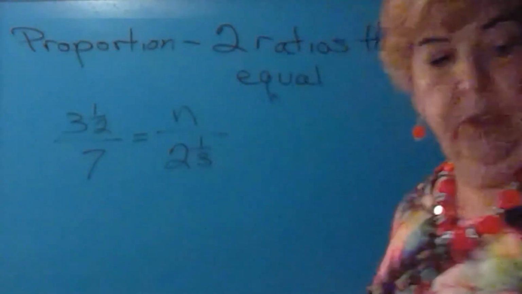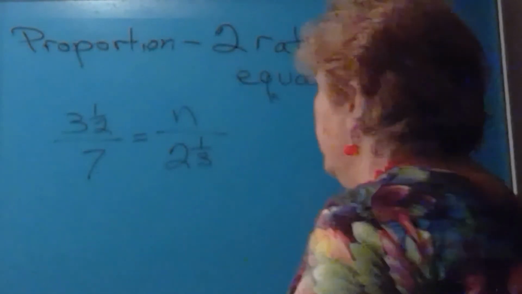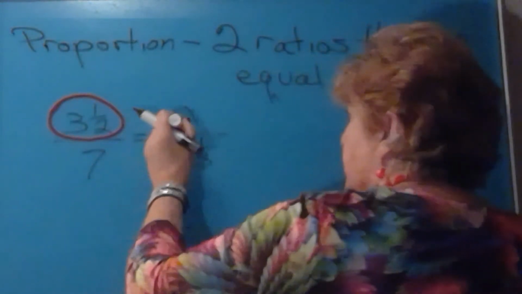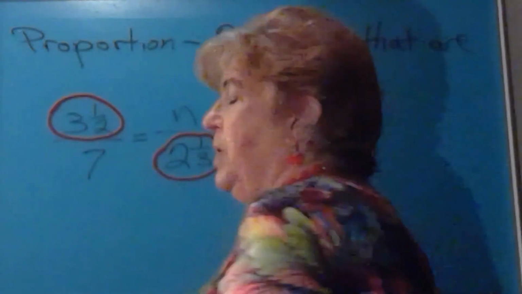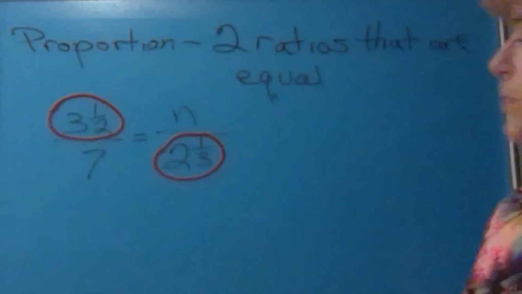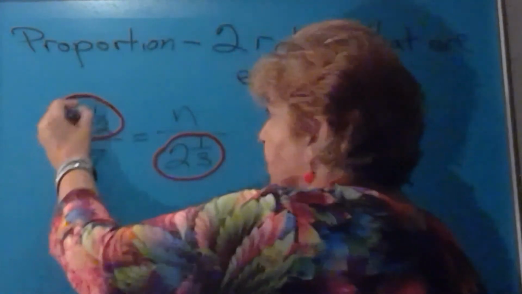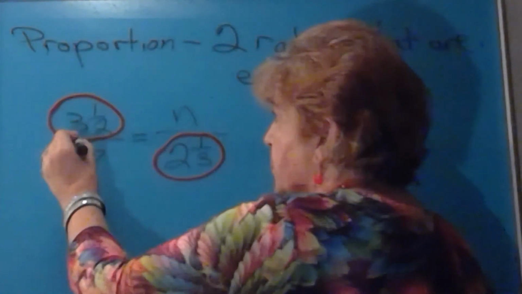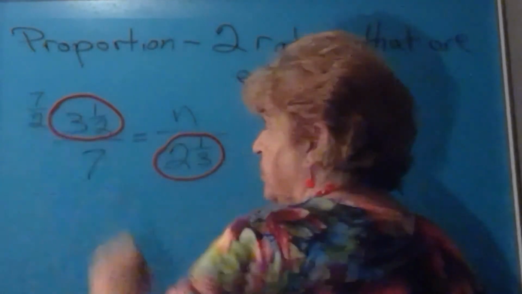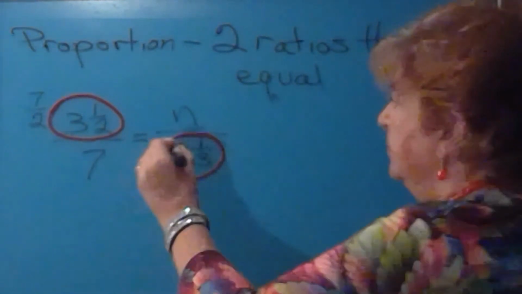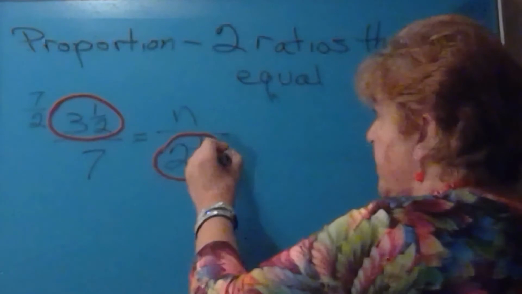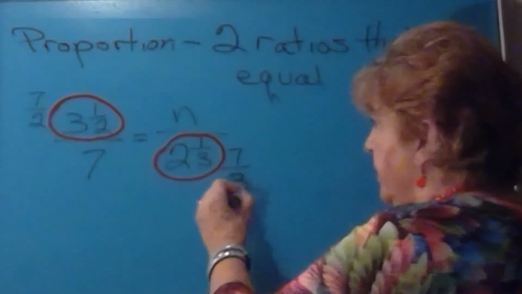First thing I'm going to do is change the mixed numbers to improper fractions, because you can't multiply with mixed numbers. You need to change them to improper fractions. 3 1/2, 2 times 3 is 6, plus 1, that's 7 over 2. Here, 3 times 2 is 6, plus 1, that gives you 7 over 3.